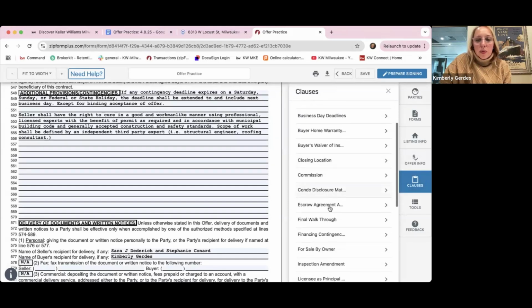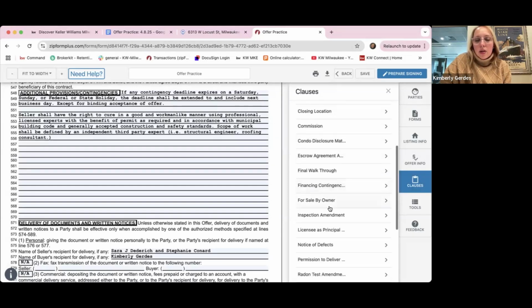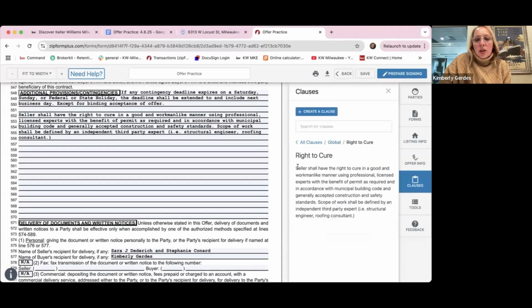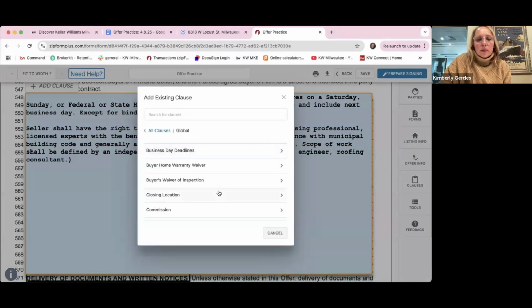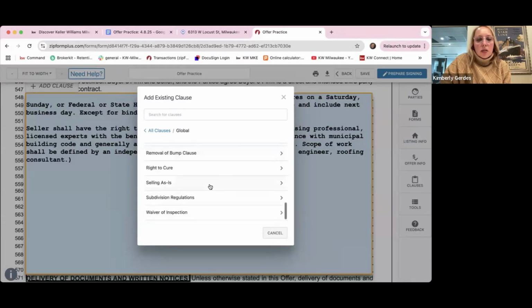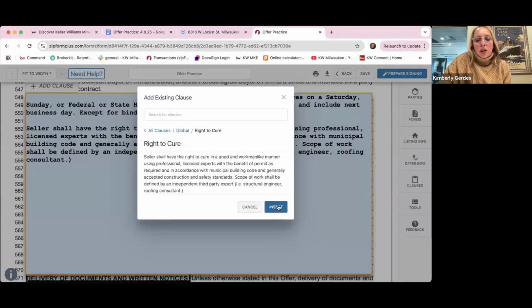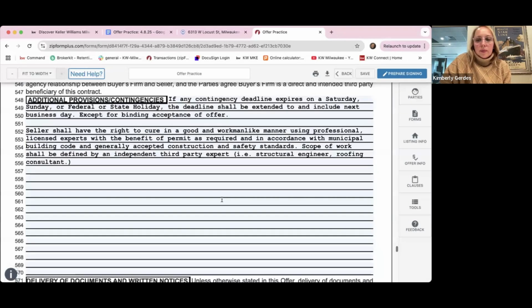There are 22 pre-approved clauses that our attorneys have looked at. And I'm going here to right to cure, and I literally just copied it and pasted it. You also could just click on the box, hit add clause, look for your clause, right to cure, and you can just insert it here too.